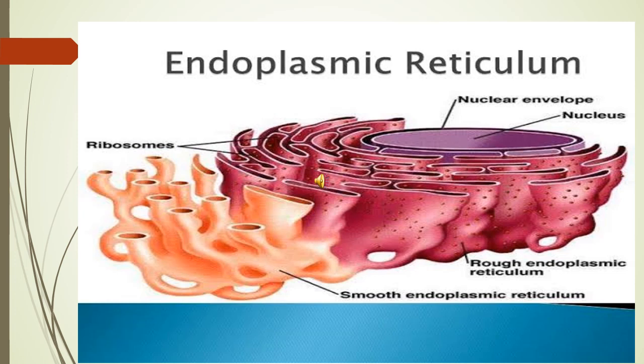Both smooth and rough endoplasmic reticulum function to produce proteins for the rest of the cell to function. The rough endoplasmic reticulum has ribosomes, which are small round organelles, and their function is to make those proteins.